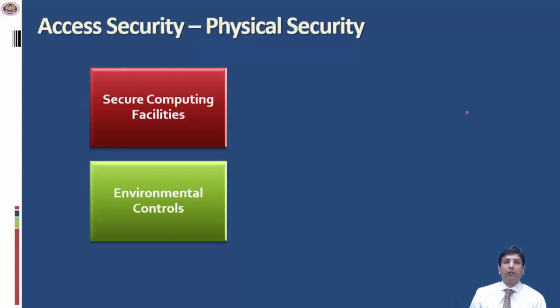Under physical security, there are several other controls which are environmental controls. Because computing facilities are sensitive to environmental hazards like fire, water, humidity, etc., it is very critical to protect the systems from damage because of these hazards.